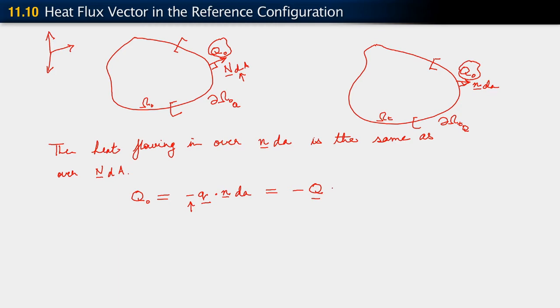So it's minus Q capital N dA, where the idea is that this quantity is the heat flux vector in omega naught. Note that this is not a rotation tensor in this context.